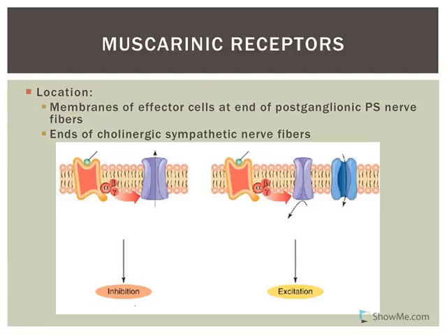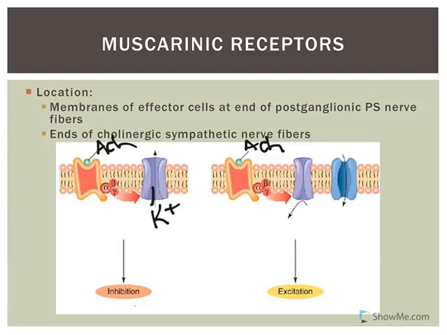Now muscarinic receptors are going to be G protein coupled receptors. So those are examples of metabotropic receptors. When the neurotransmitter binds to its receptor, it will, via changes in metabolism within the cell, indirectly affect ion channels found in the membrane. Now they could be inhibitory effects or stimulatory effects. So here again, this represents acetylcholine. In the example on the left, this happened to, say, open up potassium channels.